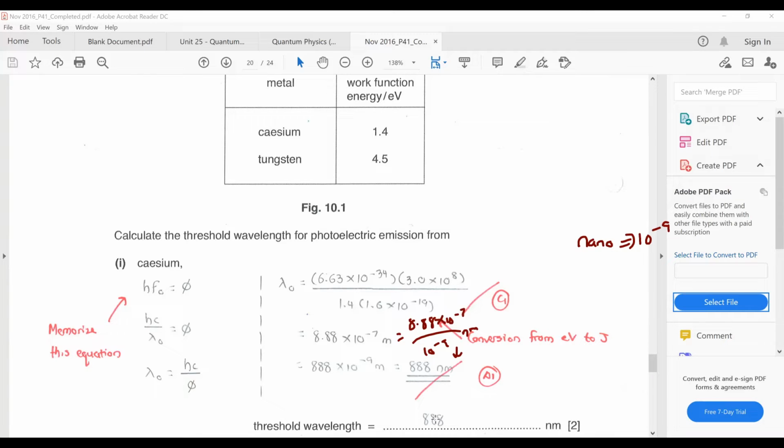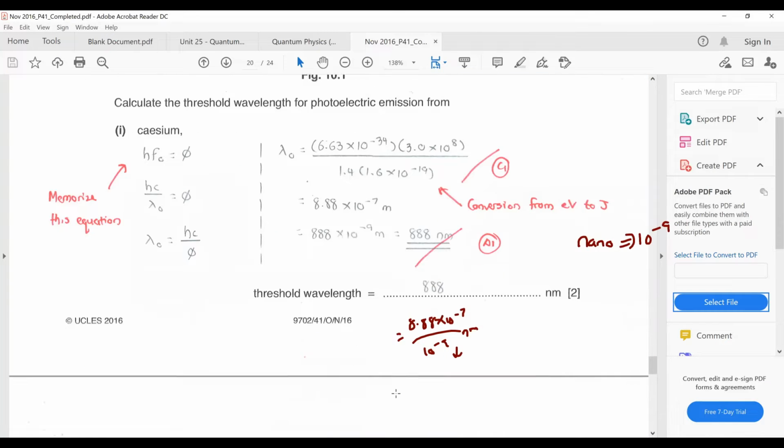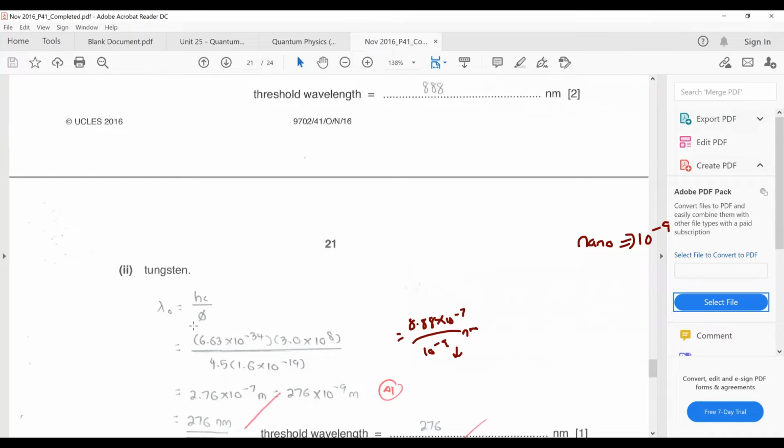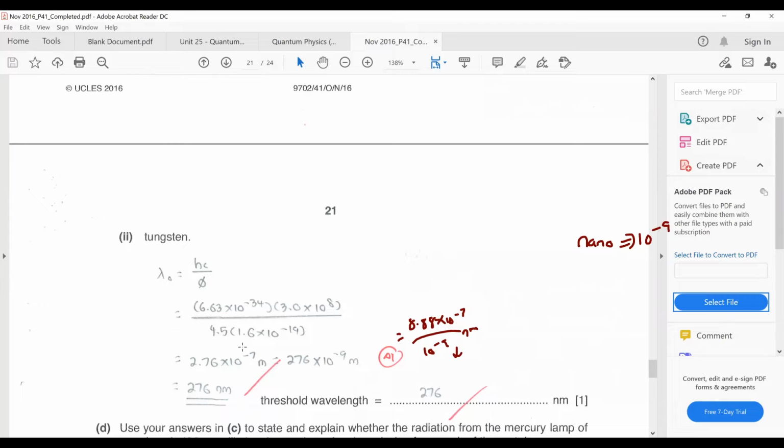So your answer is 888 nanometer. This one is fine. Repeat the same calculation for tungsten. Threshold wavelength is hc over phi, and you get your answer as 276 nanometer.